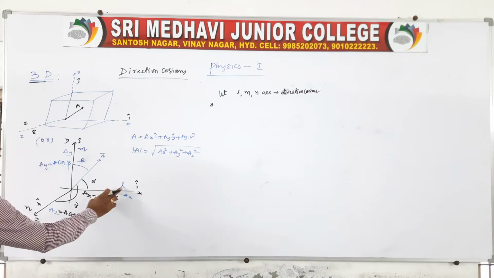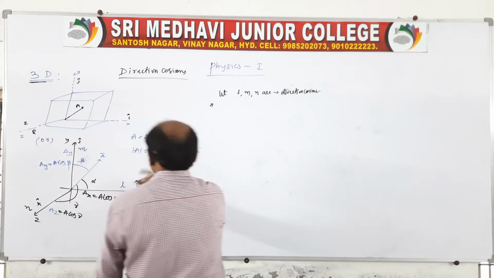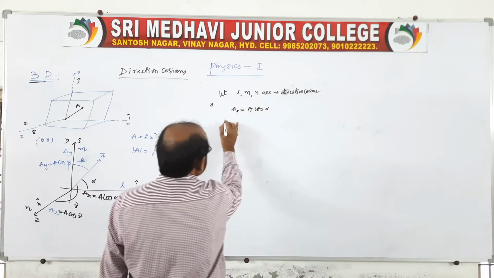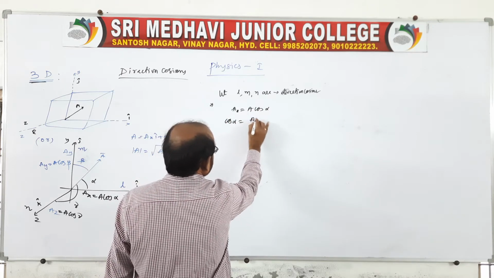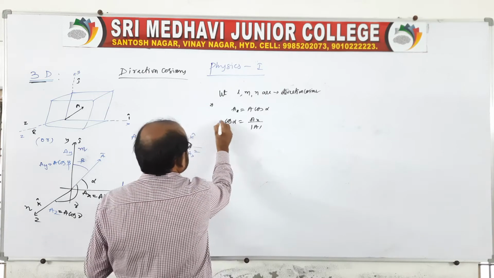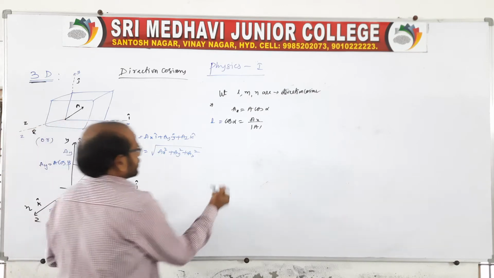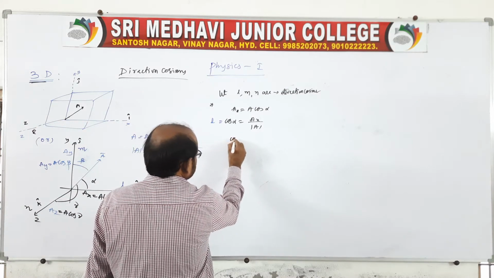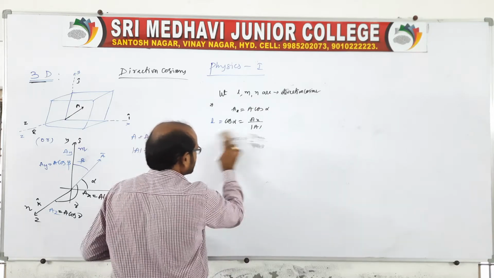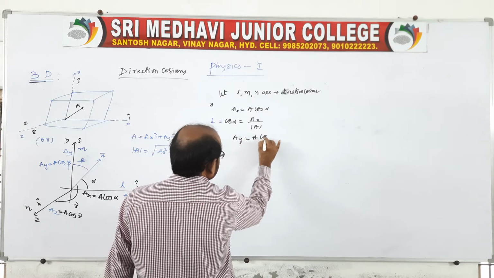Coming to the point here, along the x direction the cosine is L, no? Now, let us write like this. Ax is equal to A cos alpha. From here, cos alpha is equal to Ax by magnitude A, which is represented as the direction cosine L. In the same way, you write the next also, that is cos beta is equal to Ay by magnitude A. Say Ay is equal to A cos beta.